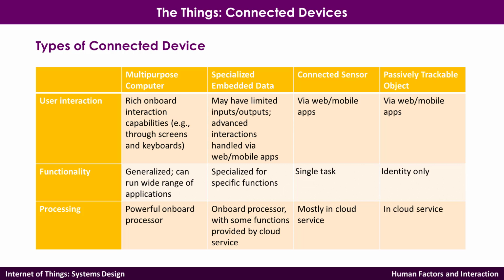Connected sensors are usually always connected through mobile or web applications, and similarly the passively trackable objects are also interacted with through mobile and web applications. Functionality wise, we previously discussed that multipurpose computers are generalized.